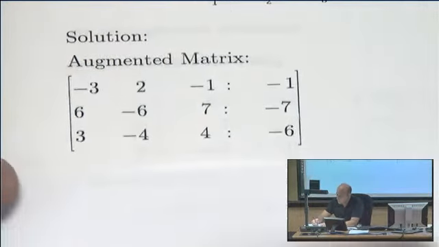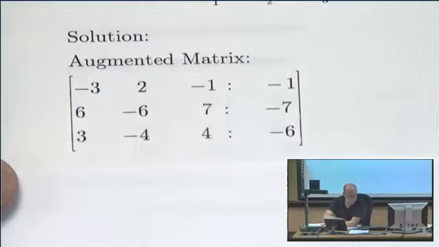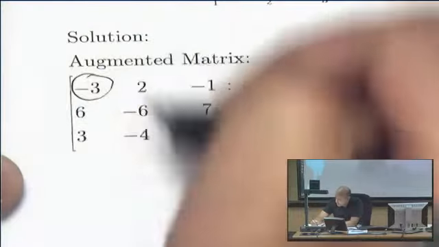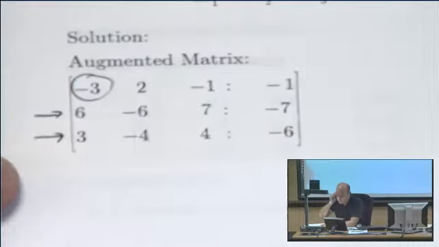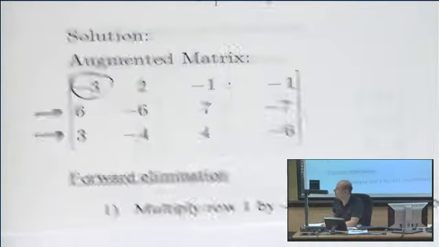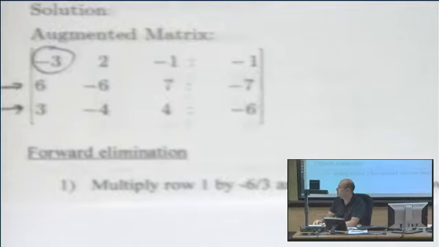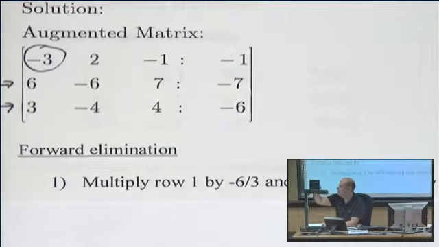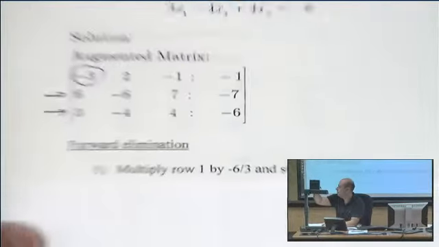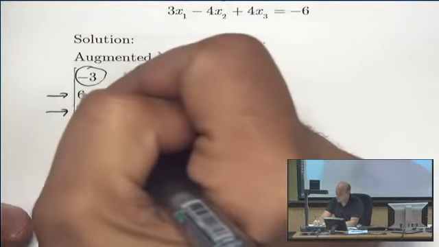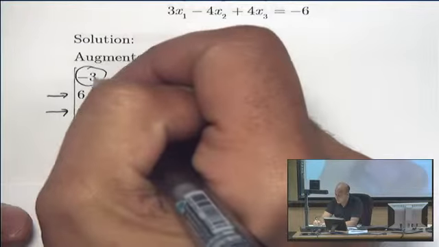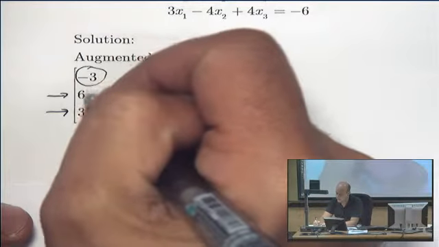So what I want to do is use this right here as my pivot point to make this a 0 and to make that a 0. All right. So I'm going to multiply row 1 by -6 over 3, or 6 over -3, I guess.